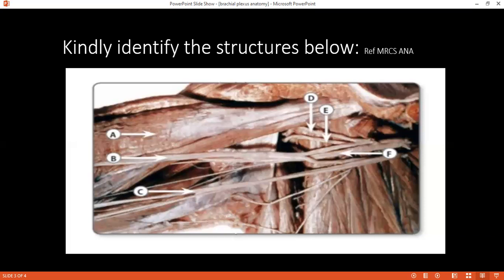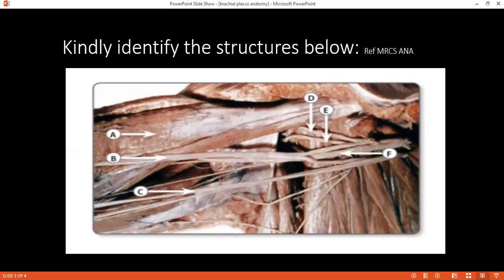There are mainly two injuries: Erb's paralysis and Klumpke's paralysis. Erb's paralysis is due to the upper roots, C5 and C6, and Klumpke's is due to the lower part.